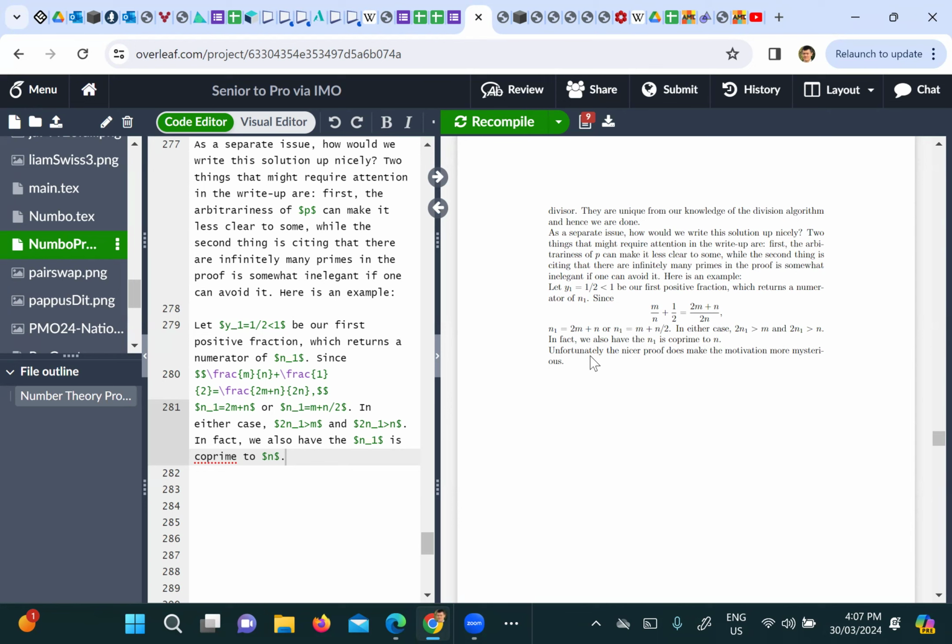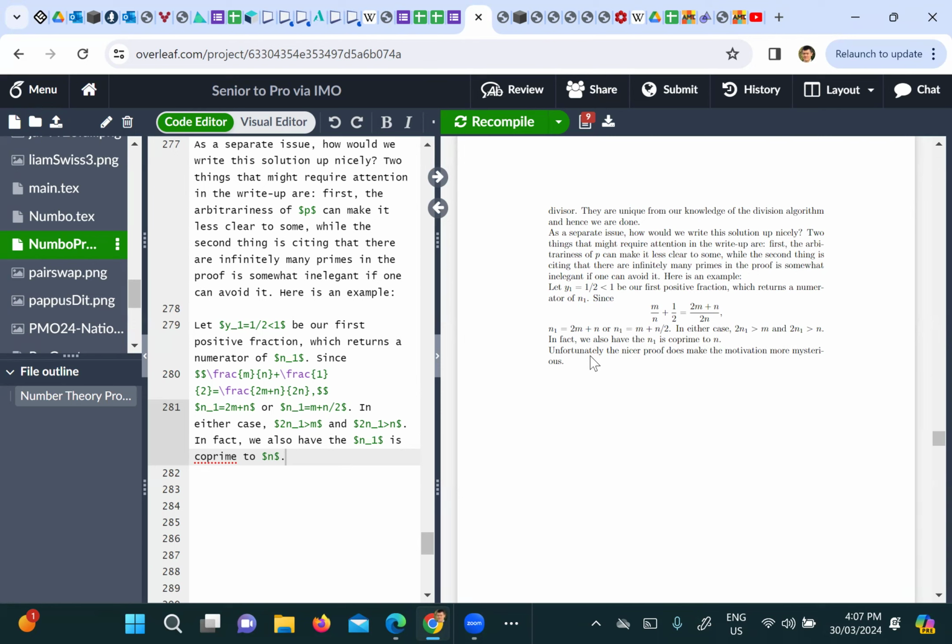Okay, so we could also try 2n1, right? But the problem with 2n1 is the 2 could now have a factor in common with n. So if you let q be 2n1, it might have a common factor with n. But Ryan had this great idea: we could do n1 squared, right? So n1 squared is actually bigger than 2n1.